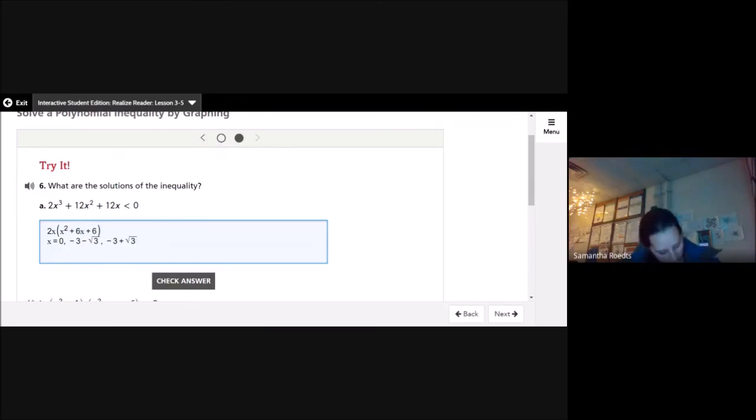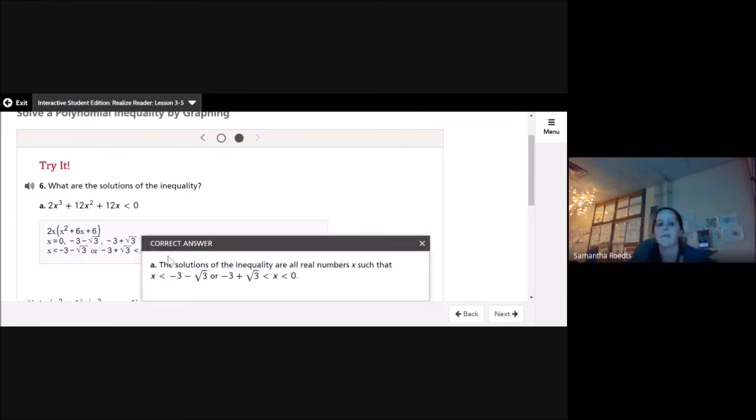Okay, so I get x is less than -3 minus square root 3, or -3 plus square root 3 is less than x is less than 0.